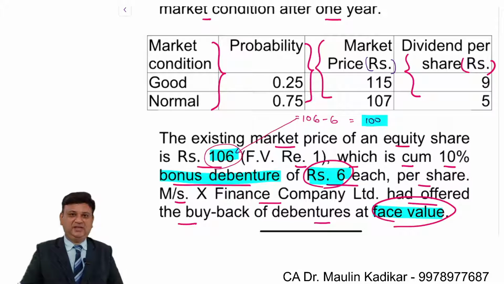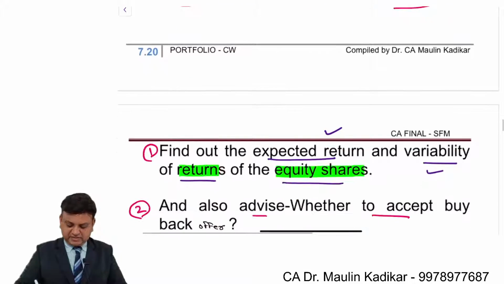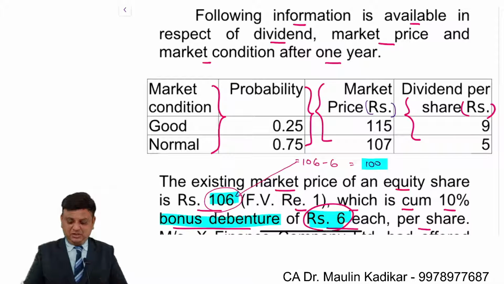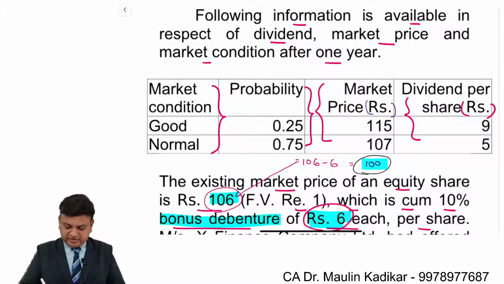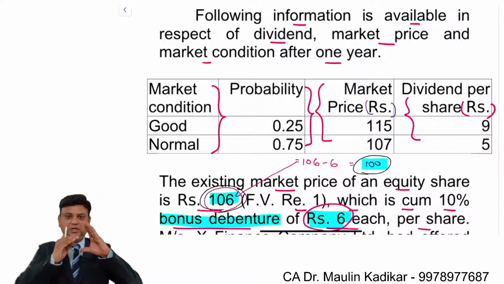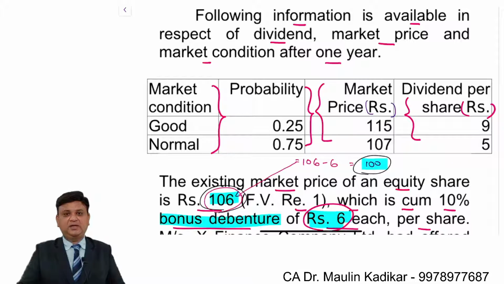Now from the given information, we are required to calculate the return to the investor, and at the same time the standard deviation is required to be calculated for the equity share. So in order to make that calculation, we will consider the market price of the equity share as 100 rupees and not 106, because that 106 consists of the bonus debenture also. So the remaining 100 rupees is only considered to be the value of the equity share for the purpose of return calculation.